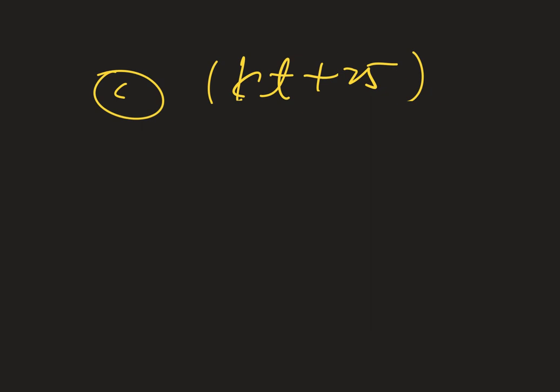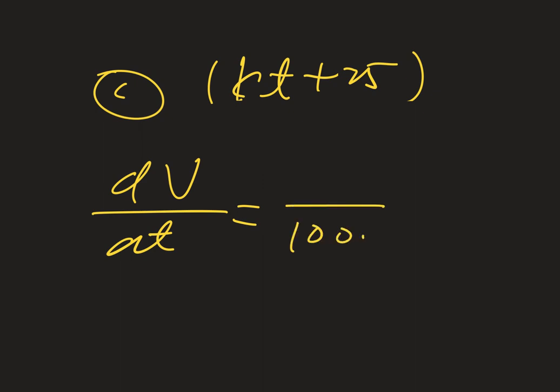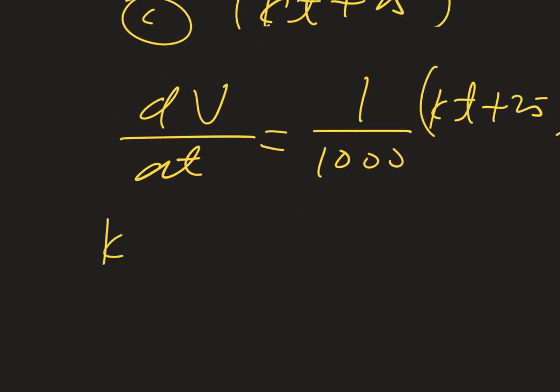So how do we do that? We use the same trick. dV/dt equals 1/1000 times (kt plus 25). Just now k itself is 12.5 H. Now we're going to find H. It gives us that it's filled in 10 seconds.